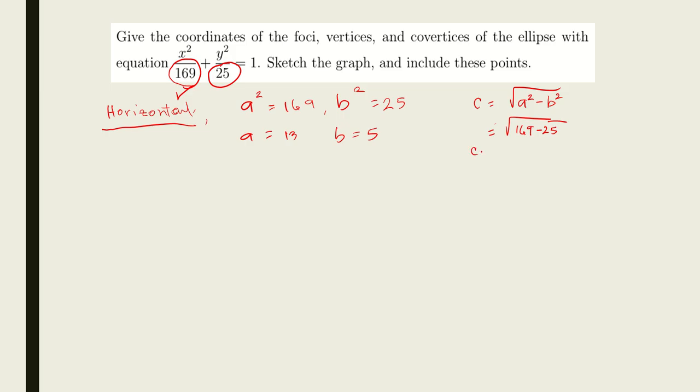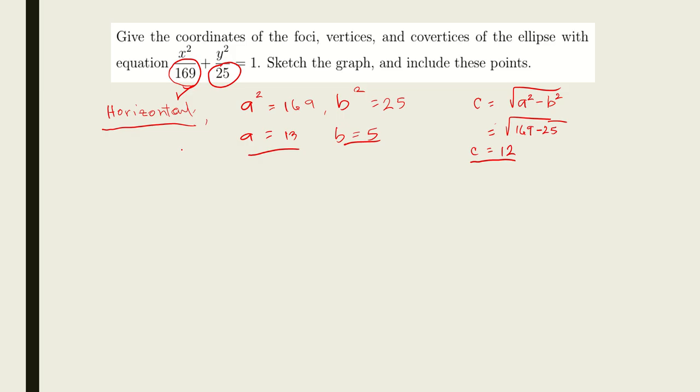Let me type that in my calculator: 169 minus 25. So the value of c is equal to 12. We already completed the values needed: a, b, and c.